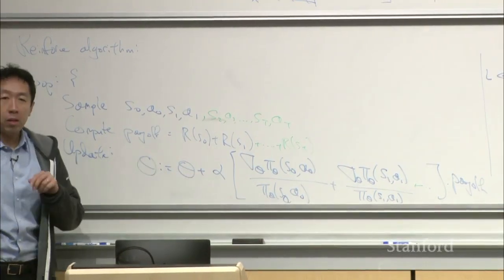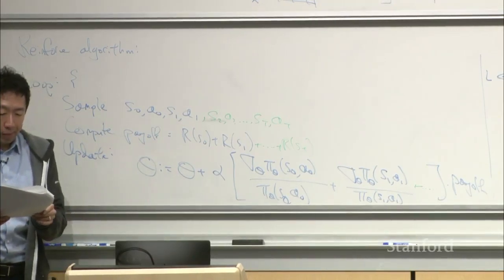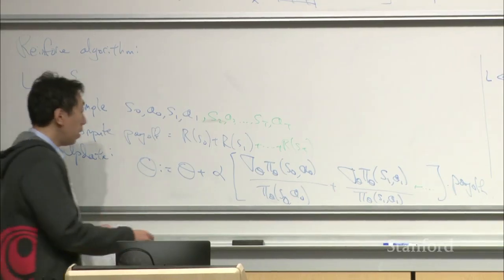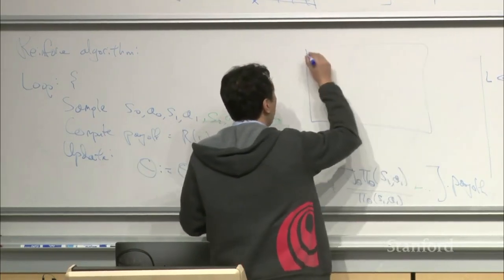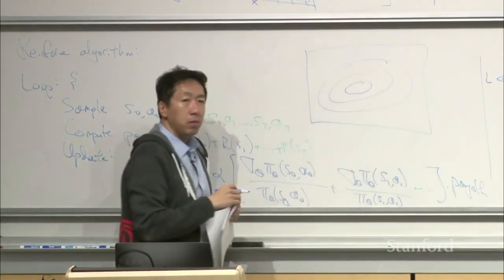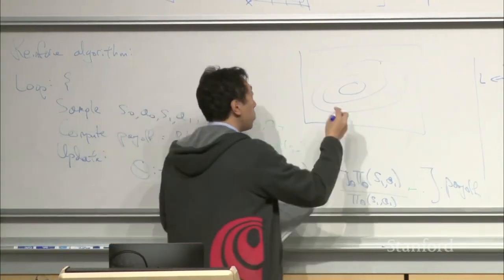Now, on every iteration of this algorithm, you're going to update theta. And it turns out that REINFORCE is a stochastic gradient ascent algorithm. You remember when we talked about linear regression, right? You saw me draw pictures like this.